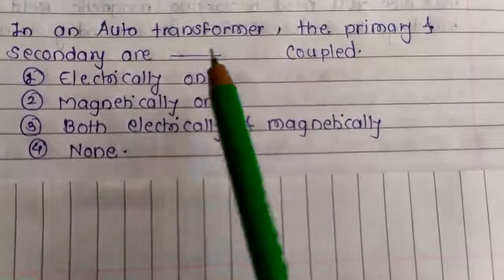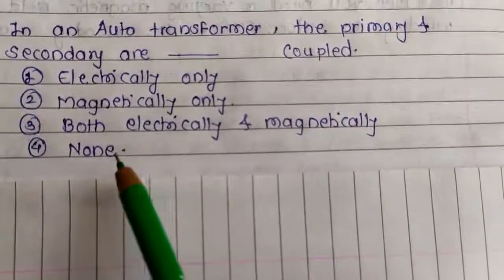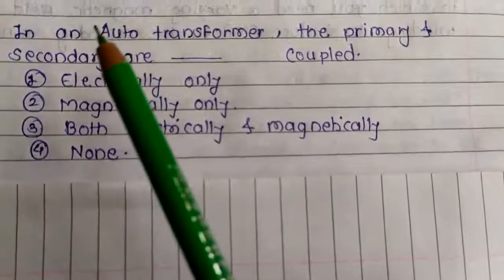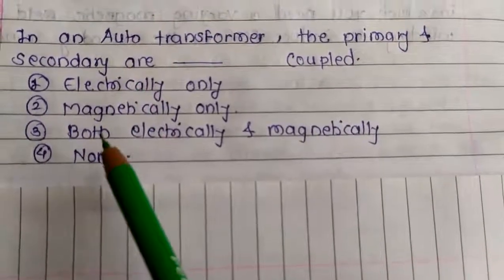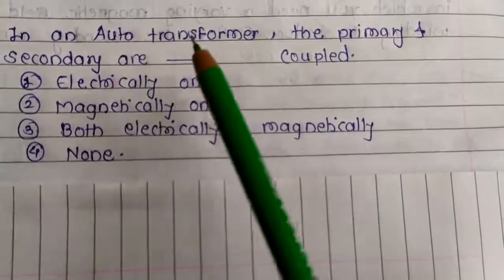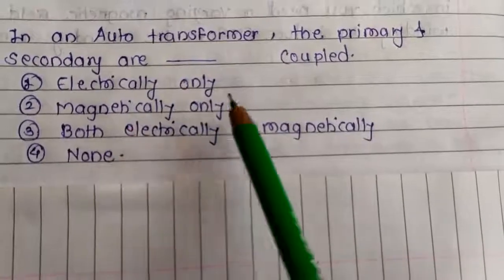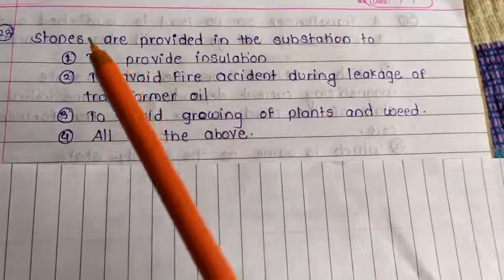Electrically coupled, magnetically coupled, both electrically and magnetically coupled, none. Answer is both electrically and magnetically. In an auto transformer, the primary and secondary are both electrically and magnetically coupled.